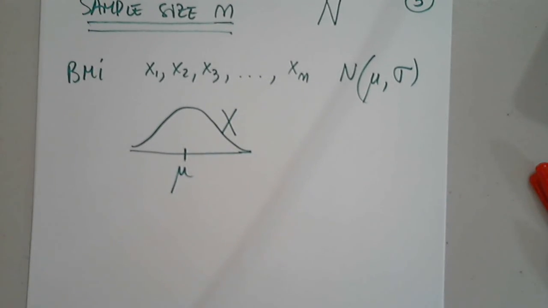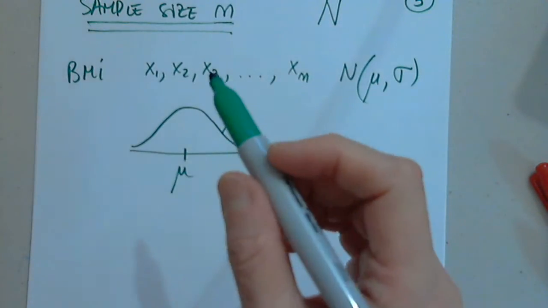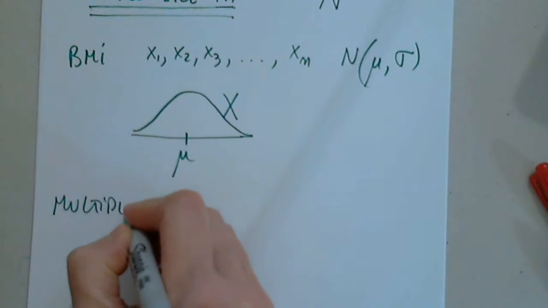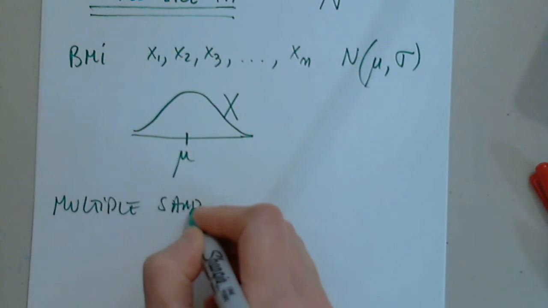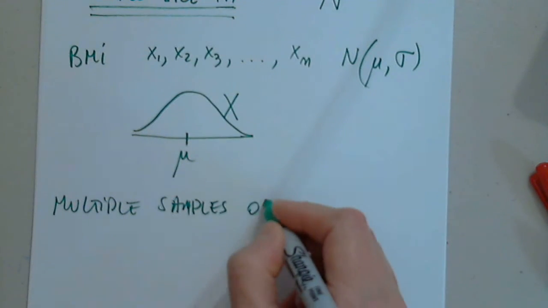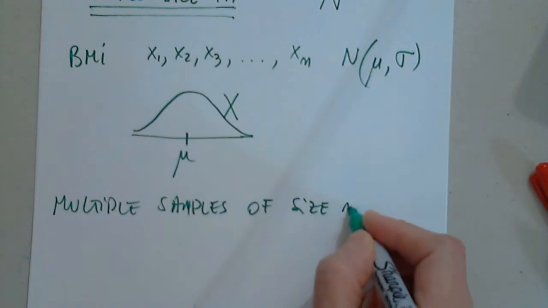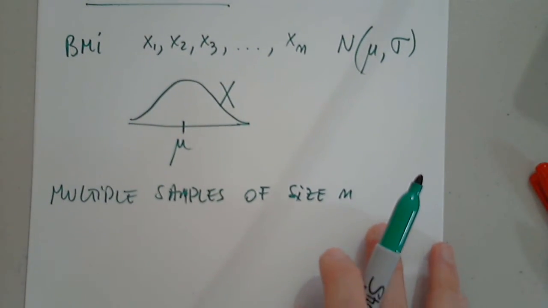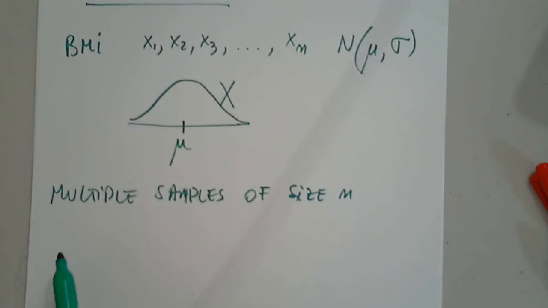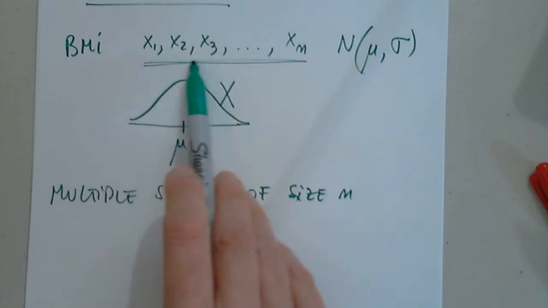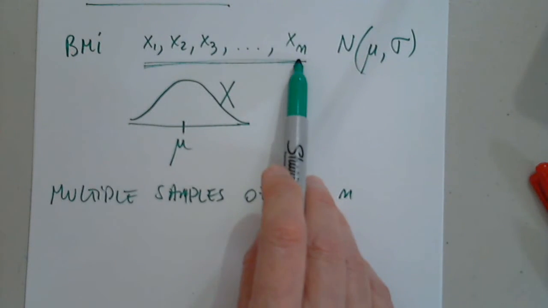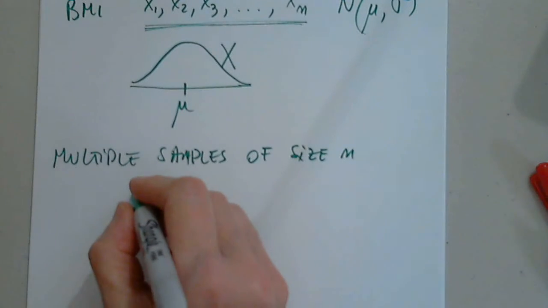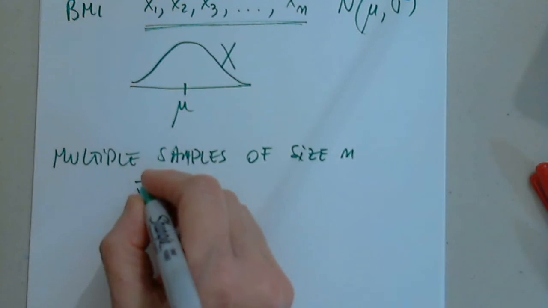But now I would like to look at multiple samples of size n. I go to many classes, many courses on campus, and I select the same sample size from each class, let's say 20 or 15 or whatever I select, and I determine the mean for each class.